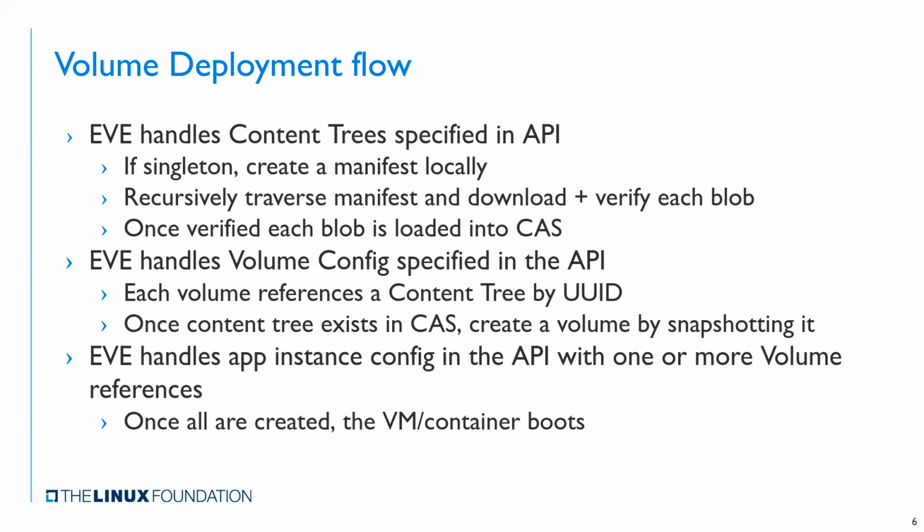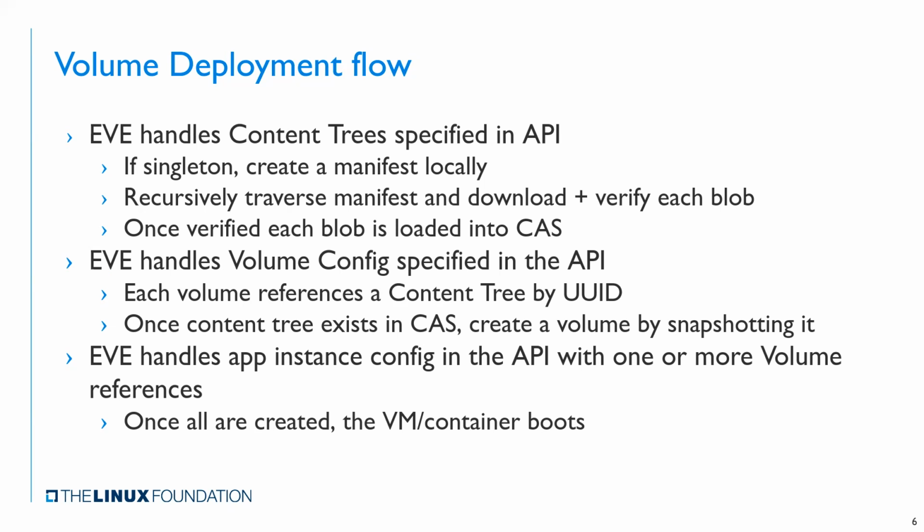So if you look at the normal flow, in terms of the mechanism happening on the Eve side, Eve sees some content tree specified in the API. And if this is a VM image, which it can tell from the type of the content from an HTTP or whatever protocol that's providing it, it says, okay, I should actually create a manifest to wrap this thing so I can keep track of it the same way and load it into CAS.